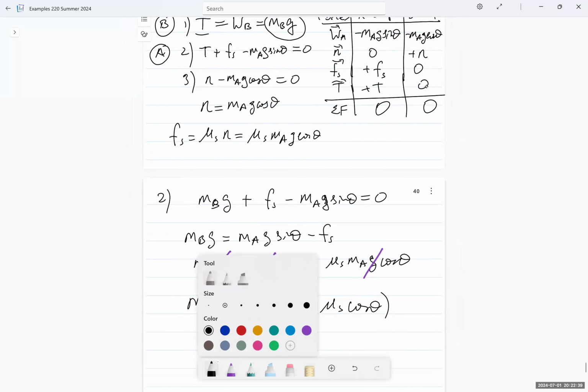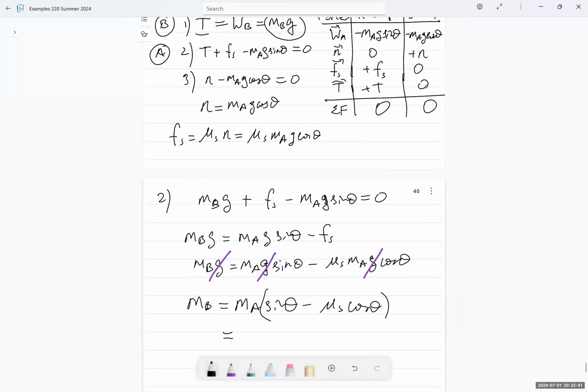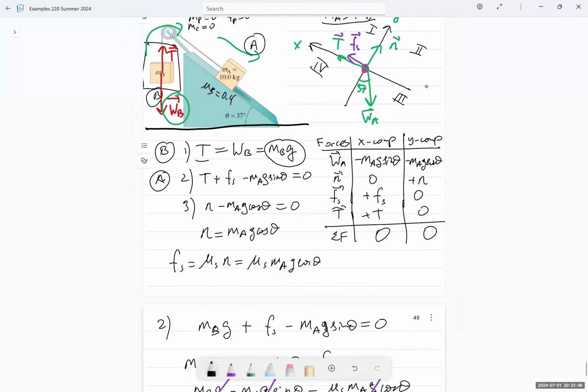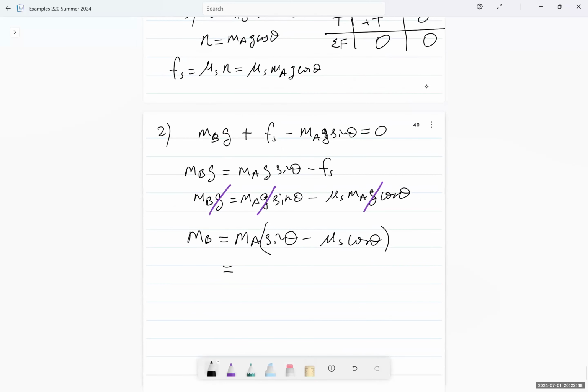All right, so I can calculate the value. So m_A was given as 10 kilograms, and the coefficient is 0.4. So 10 kilograms times sine of 37 minus 0.4 times cosine of 37.